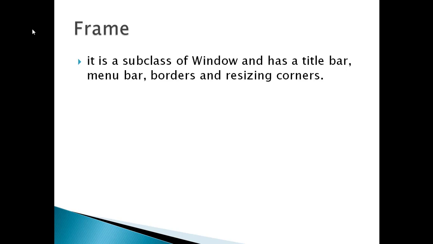To add the title bar, menu bar, borders or resizing corners, the MenuContainer interface is responsible. This interface provides the title bar, menu bar, borders and resizing corners for the frame window, and this frame window is called the user defined window.